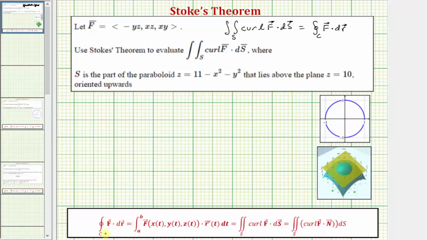Then the line integral along the curve C of F dot dr equals the integral from a to b of the vector field F expressed as a function of t dotted with r prime of t dt.